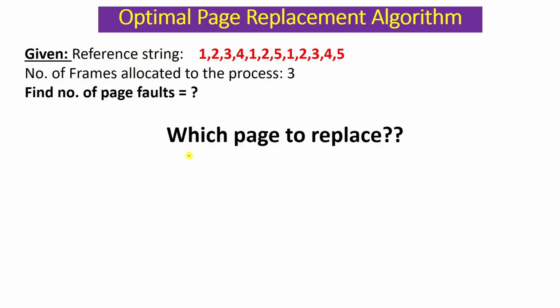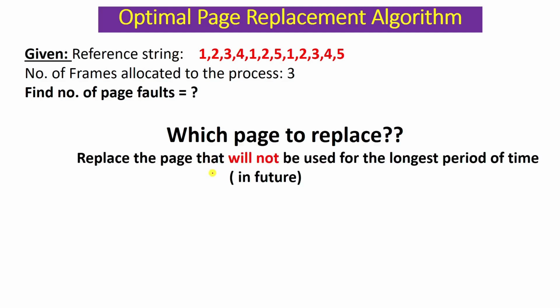So now the question is, according to the optimal page replacement algorithm, which page should I replace whenever there is a need? So the answer is that the optimal page replacement algorithm actually sees the future. Okay, it sees which page in the future will not be used for the longest period of time.